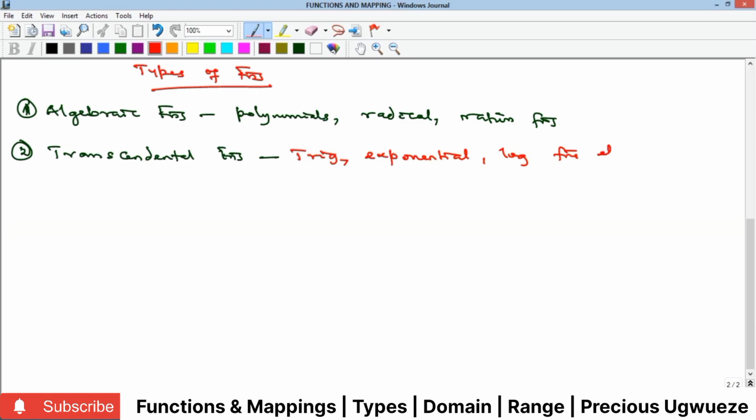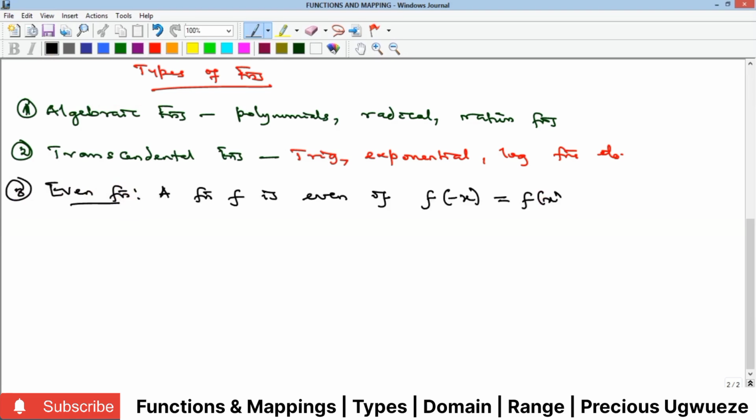The third one we're going to look at is the even functions. When is a function said to be even? A function f is even if f of minus x is the same thing as f of x.